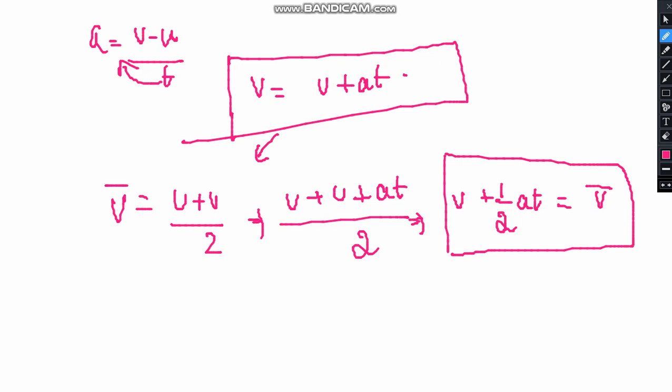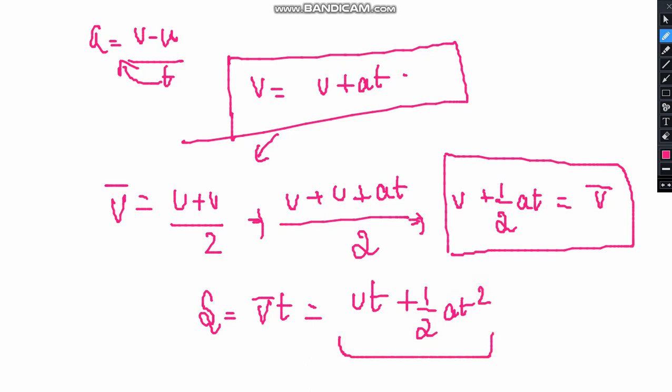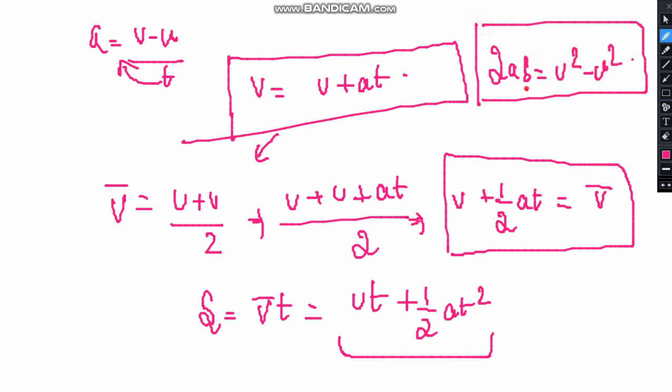Now, if you want to find the distance, it is average velocity into time, so basically s equals ut plus half at square. With this we can also find the third equation of motion, which is 2as equals v square minus u square, where s is the displacement, a is the acceleration, v is the final velocity and u is the initial velocity. Very important formula.